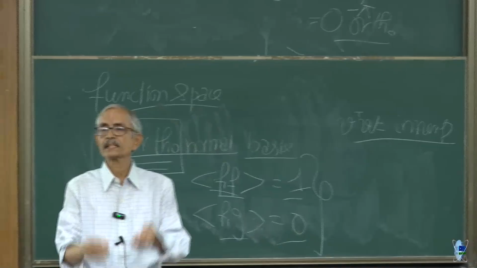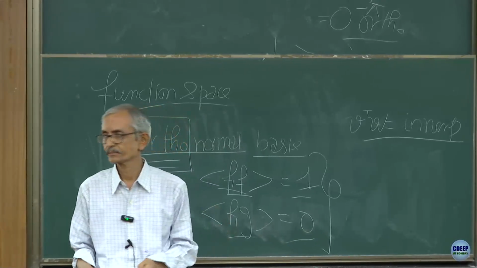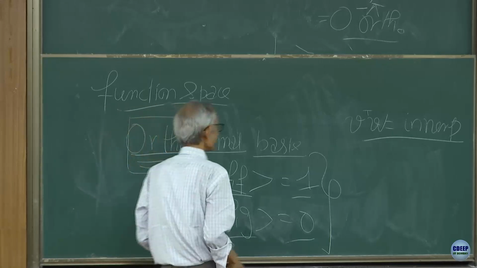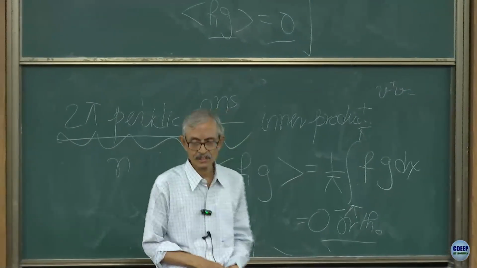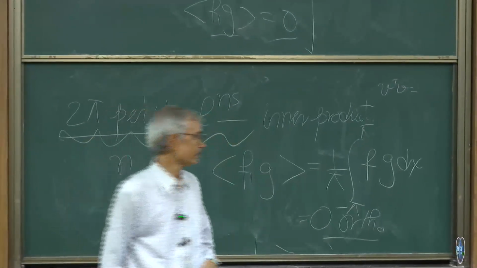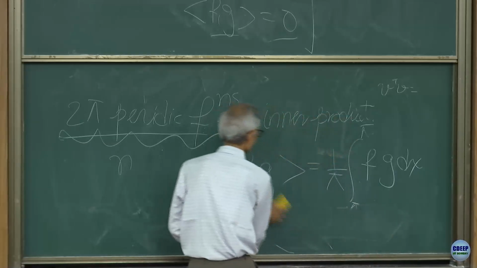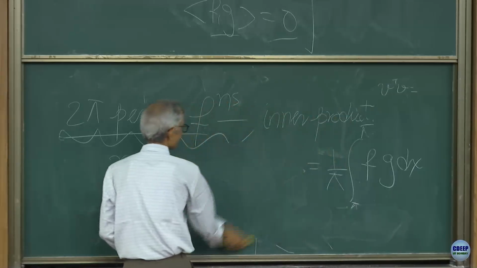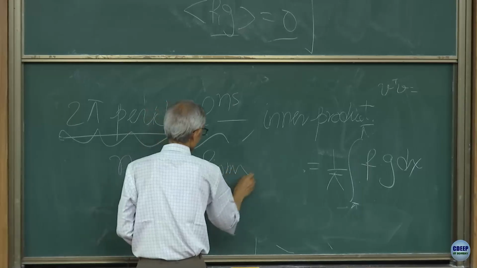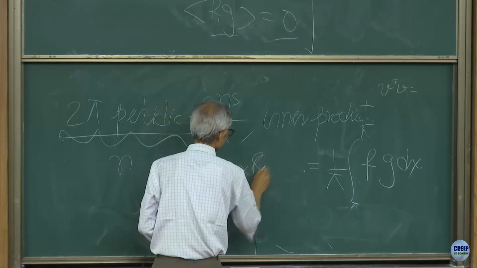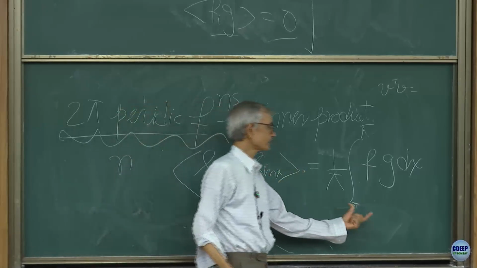That is going to form an orthonormal basis set. Now trigonometry has given us some very nice orthogonal functions, sines and cosines. So let us say I have sine mx and sine nx, inner product. What is this equal to?